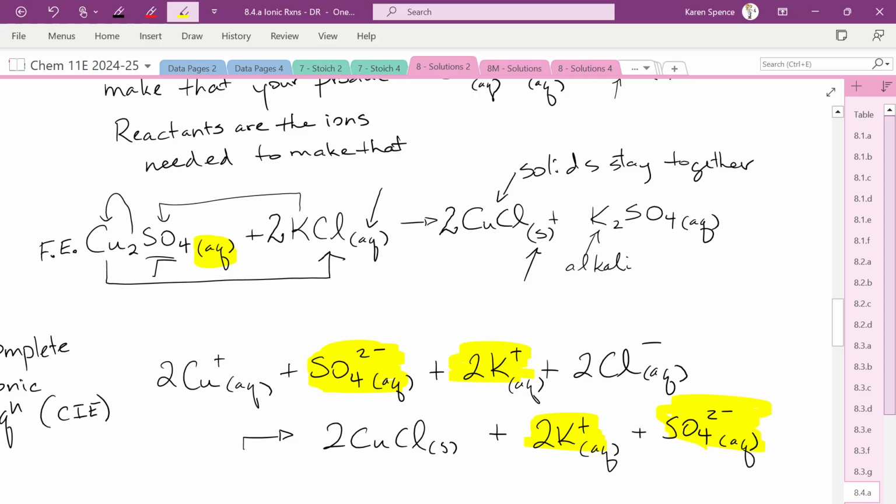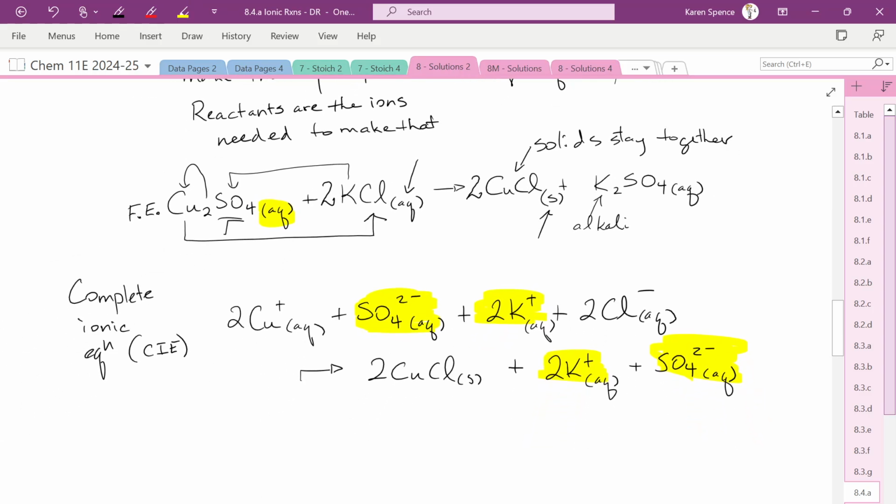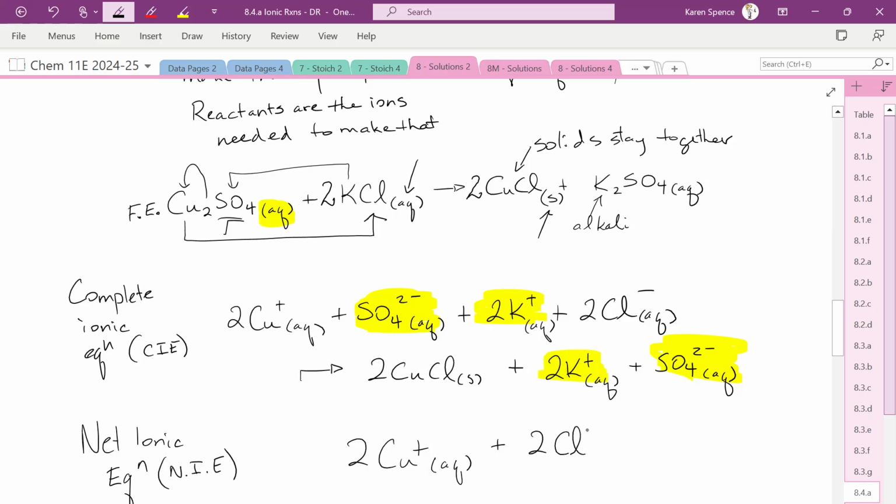And you could cancel those out, and that would leave you with your net ionic equation, our NIE, which would be 2Cu plus aqueous plus 2Cl minus aqueous gives us 2CuCl solid.